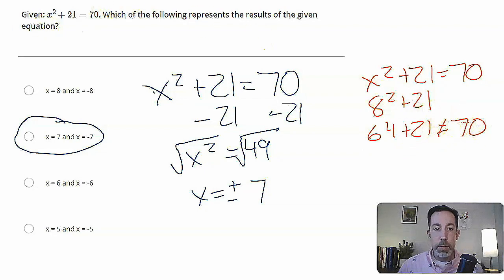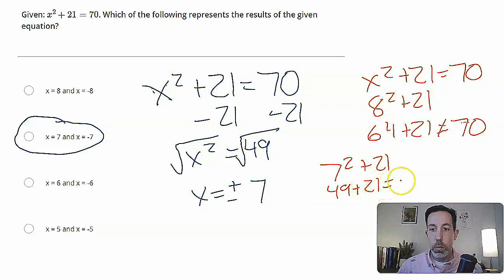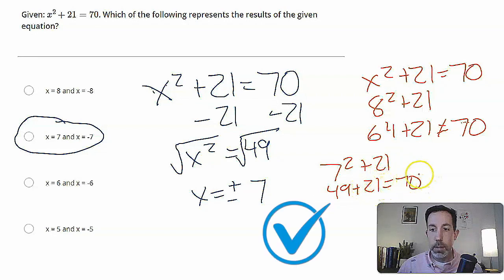But if we just work our way down to the next one, 7 squared plus 21. Let's see, 7 squared is 49 plus 21, which does equal 70. So we would have gotten the answer that way if we just plugged in from the answer choices. So whichever way works for you.